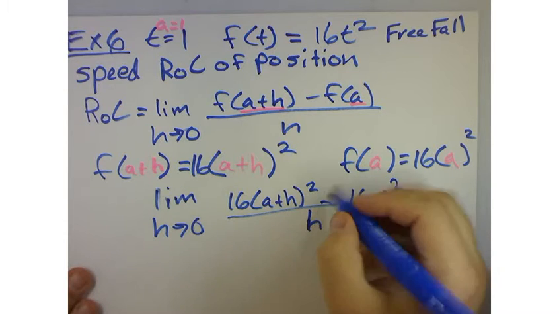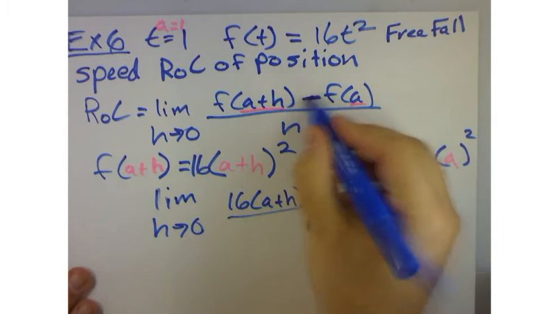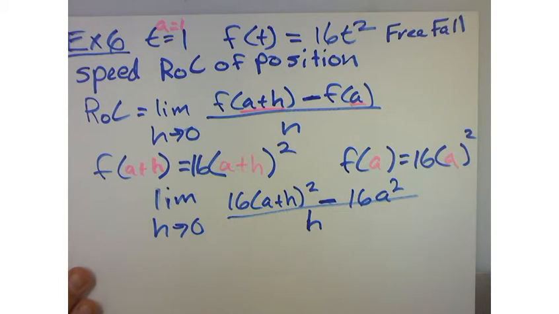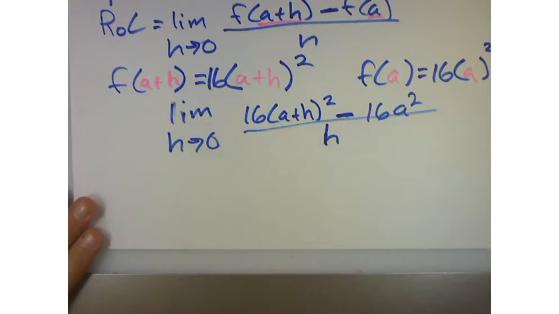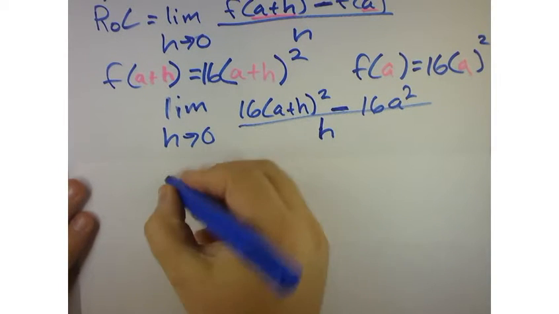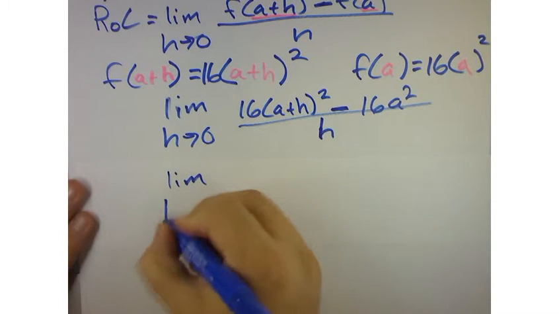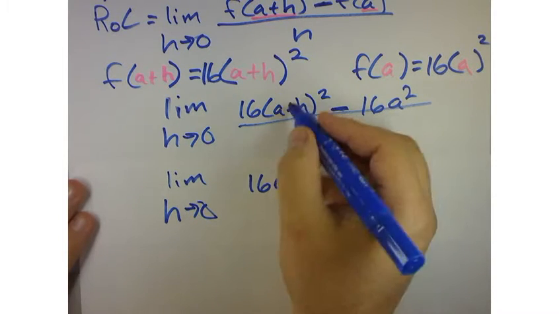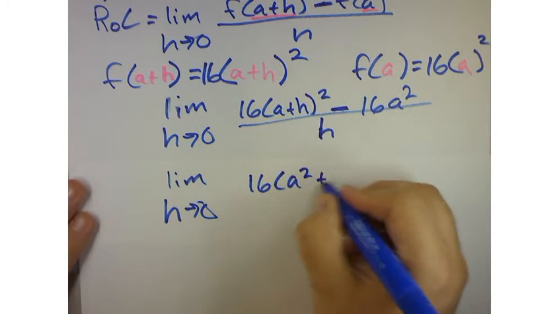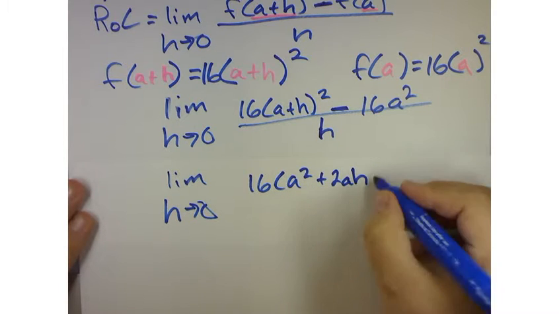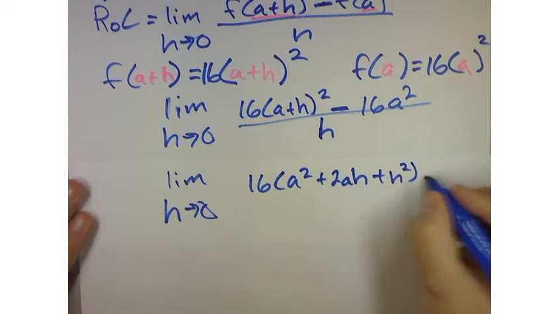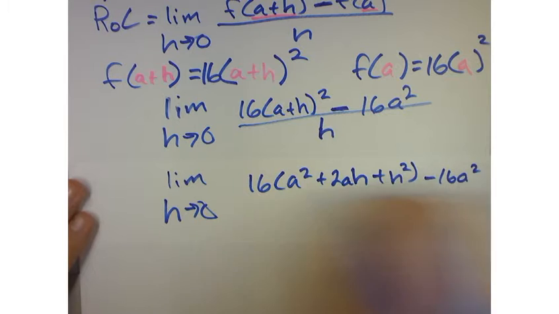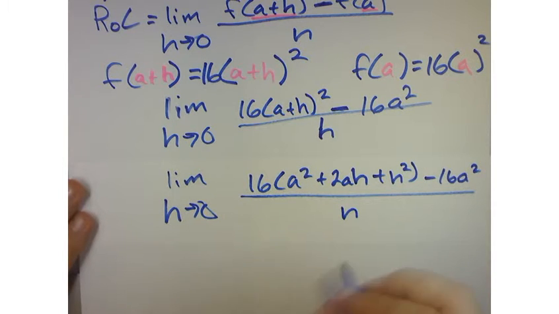It's minus, because it's minus f of a, right? So now to do the next step, I will say the limit as h approaches 0 of 16 times, if I expand that, a squared plus 2ah plus h squared, minus 16a squared all over h.